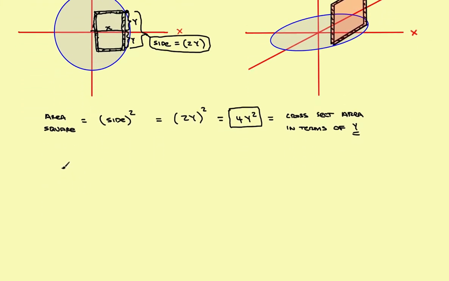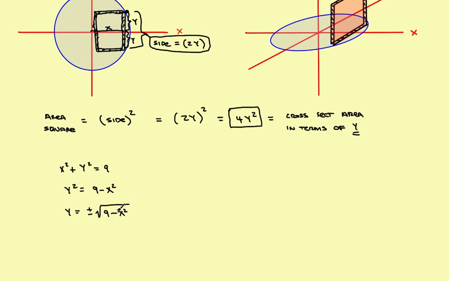So start with the boundary conditions. If x squared plus y squared is equal to 9, that means that y squared would be 9 minus x squared, and then take the square root of both sides, and you would get plus or minus the square root of 9 minus x squared.